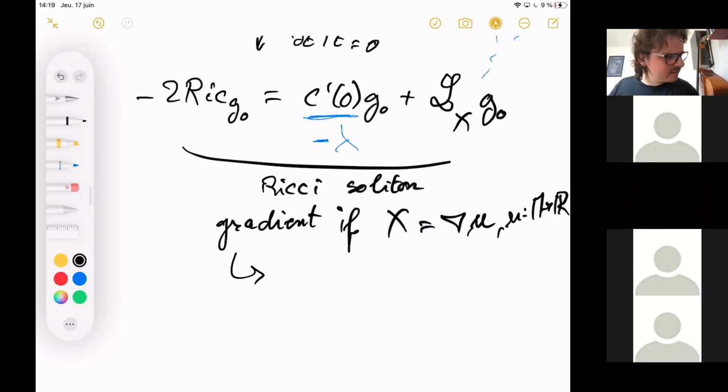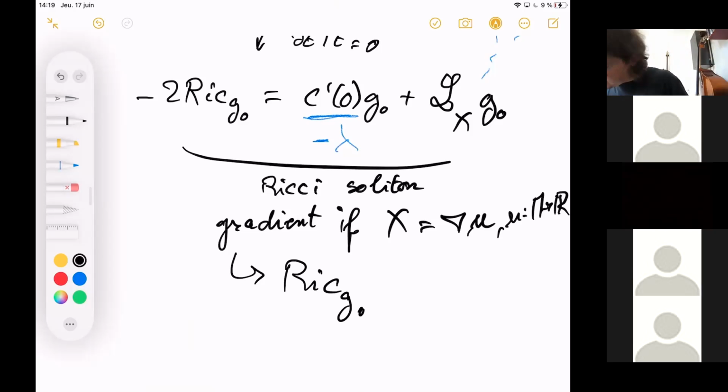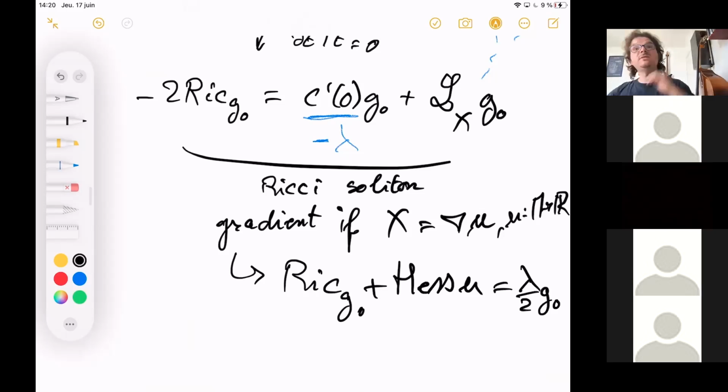I'm not sure about my sign choices, if they are really coherent with my notes, but up to changing some convention, it's not a big deal. So this is the equation for a gradient Ricci soliton.